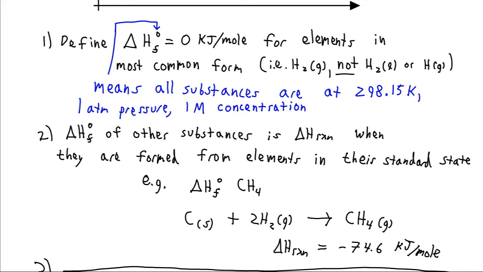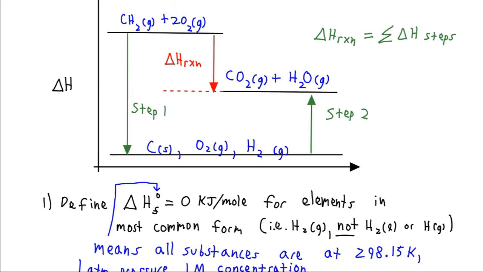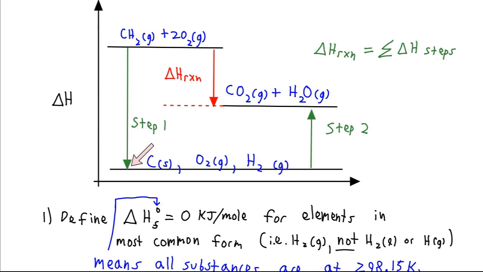And so whatever that change is for the reaction is also going to be our enthalpy of formation for methane. It turns out to be minus 74.6 kilojoules per mole. So that's telling us basically what this distance is, or what this distance is, to form these from the elements.